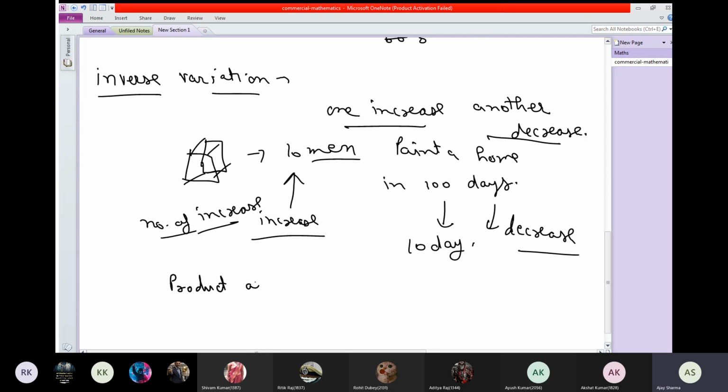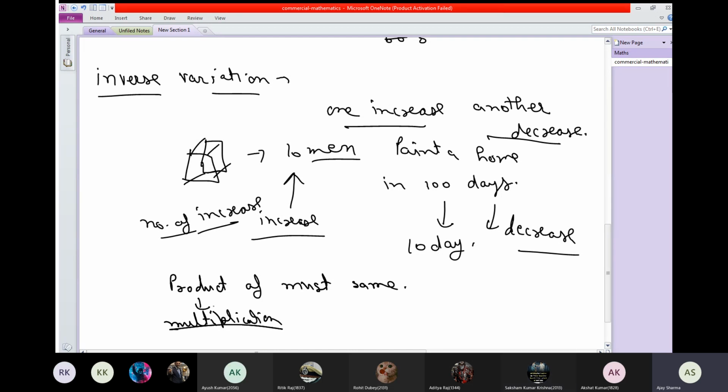What is the meaning of product? Product means multiplication. In mathematics, we commonly use product to mean multiplication.